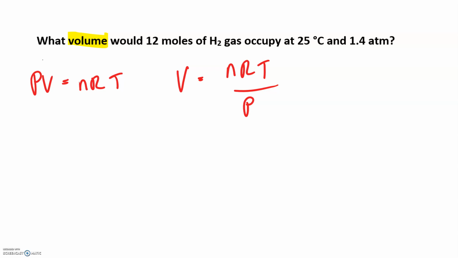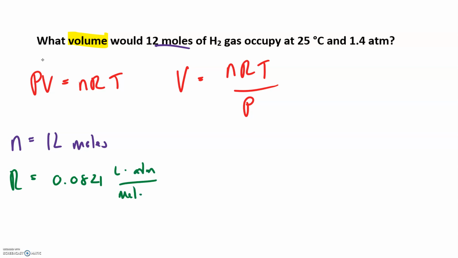And because I like to establish what my variables are, we know that N is 12 moles. It says it right here. We know that R is a constant, 0.0821 liter atmospheres over moles Kelvin.